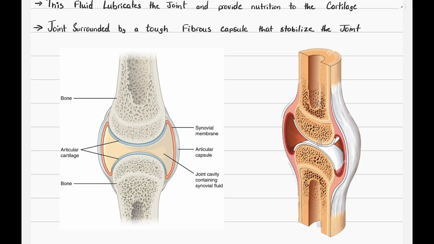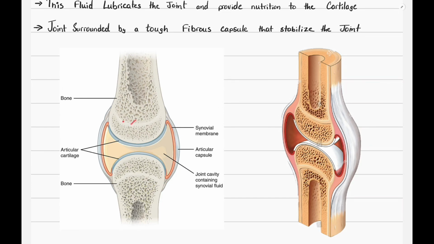When the bone is making movements, the articular cartilage is present to minimize wear and tear. And on top of the cartilage, if you add a lubricant or a fluid which will further reduce the wear and tear, that fluid is our synovial fluid.